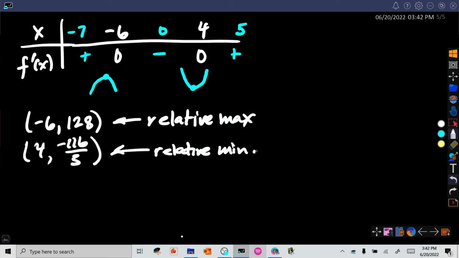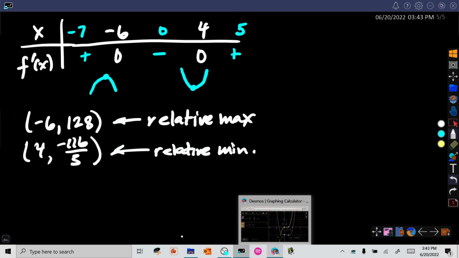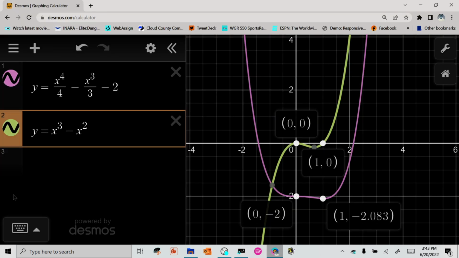So again, the idea here is I'm just using the properties of slope and seeing where there's a change happening to determine what specifically is going on at those critical points. Let's go ahead and graph it, and I'm going to show you precisely what we just did, the more graphical way of doing it.